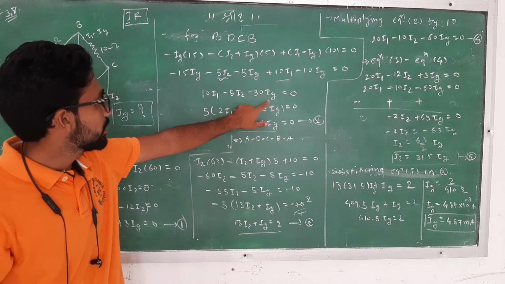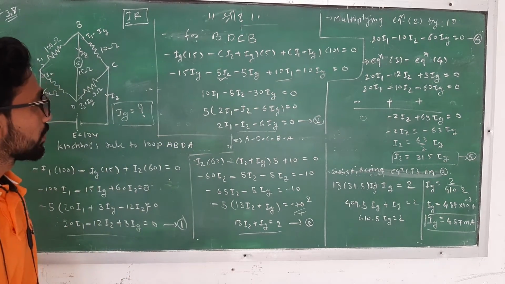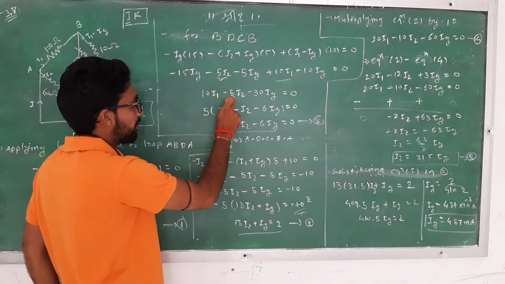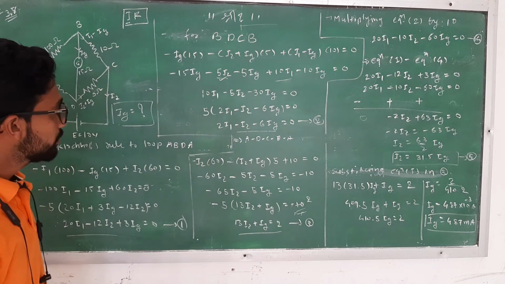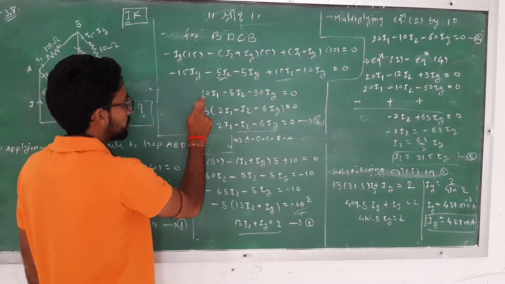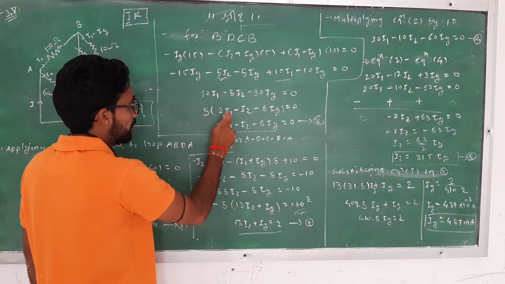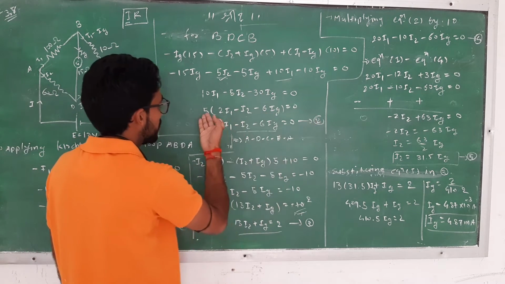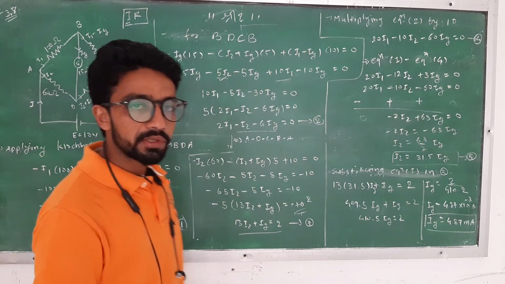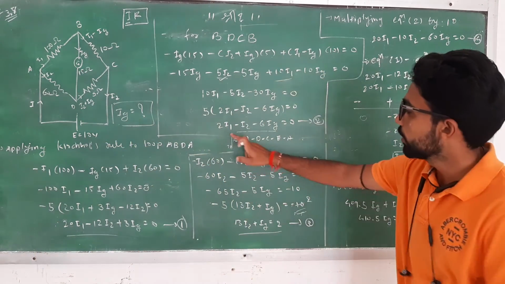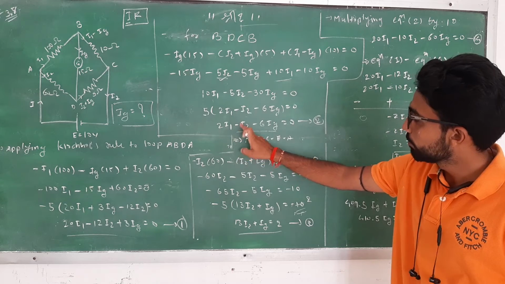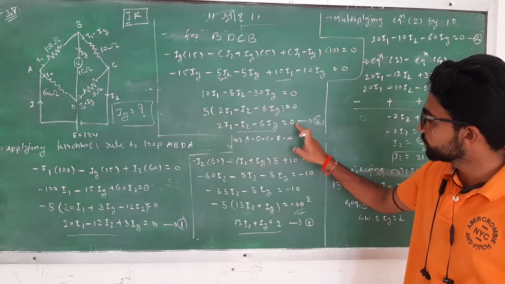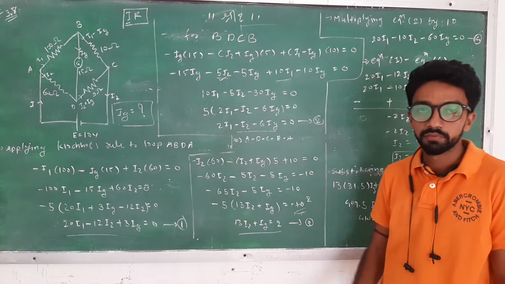So we have minus 30 IC is equal to 0. Now take 5 common, and we get 2 I1 minus I2 minus 6 IC is equal to 0. This is your equation number 2.